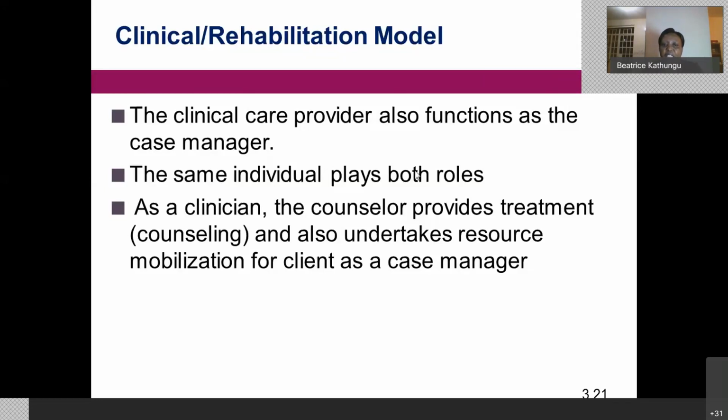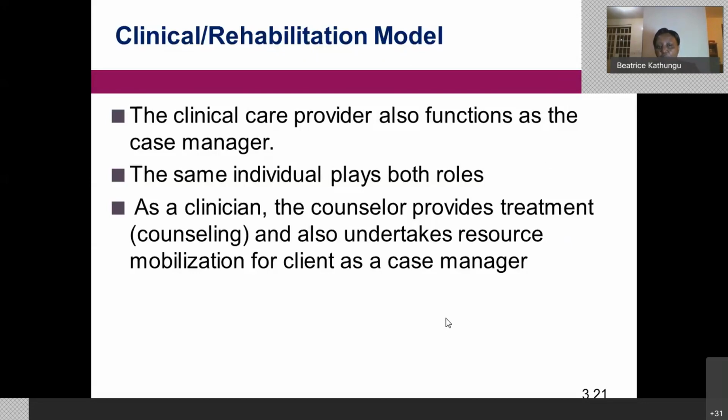So the clinical provider provides two roles, the role of the clinical care provider as well as the role of the case manager. So as a clinician, the counselor provides both the treatment in terms of counseling and also does the case management work. If you remember yesterday, we said that counseling is around the internal issues and the internal resources of the client. Case management is about the external resources.